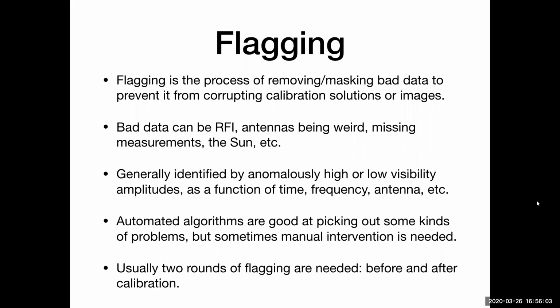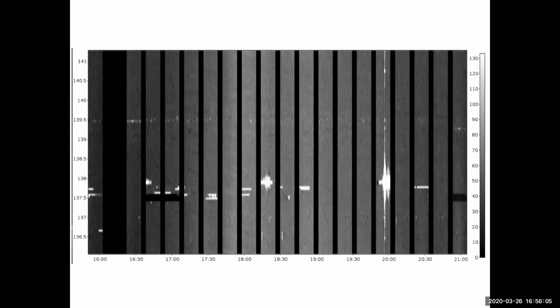So let's look at a couple of examples. I pulled some images from early on in my PhD with some LOFAR data. Here's what they call a waterfall plot, or a variation of it, where we're seeing frequency versus time, showing the typical brightness of the visibilities. You can immediately see areas that stand out. There are bright spikes, and certain bands where various man-made signals have turned on and off.